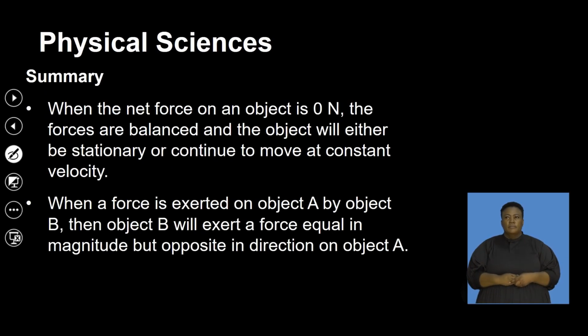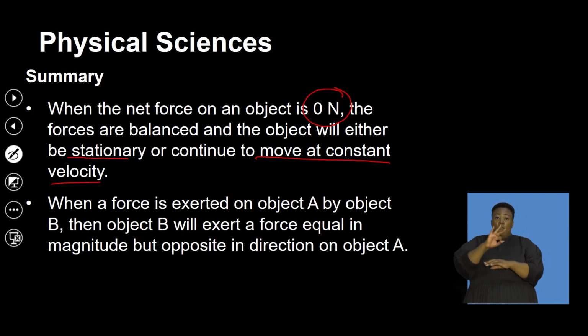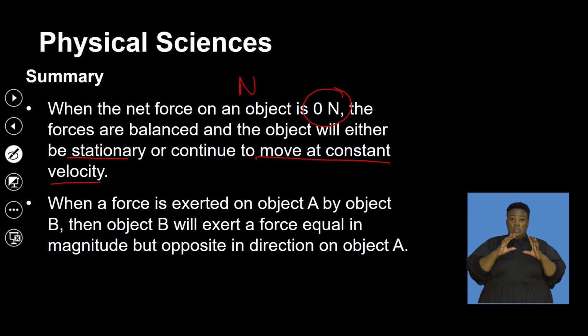All right. So, here's our summary. When the net force on an object is zero, the forces are balanced, and the object will either be stationary or move at constant velocity. Together this is Newton's first law, okay, just so we know.